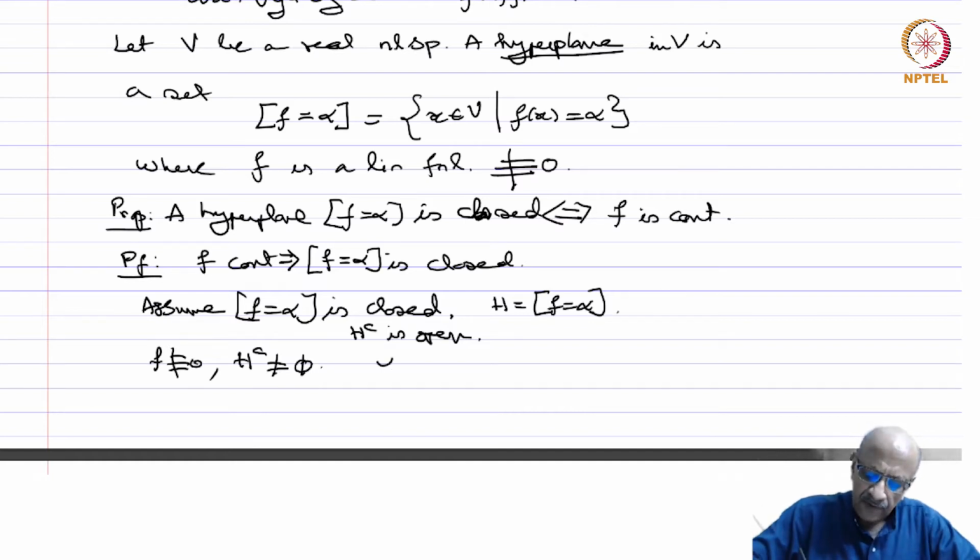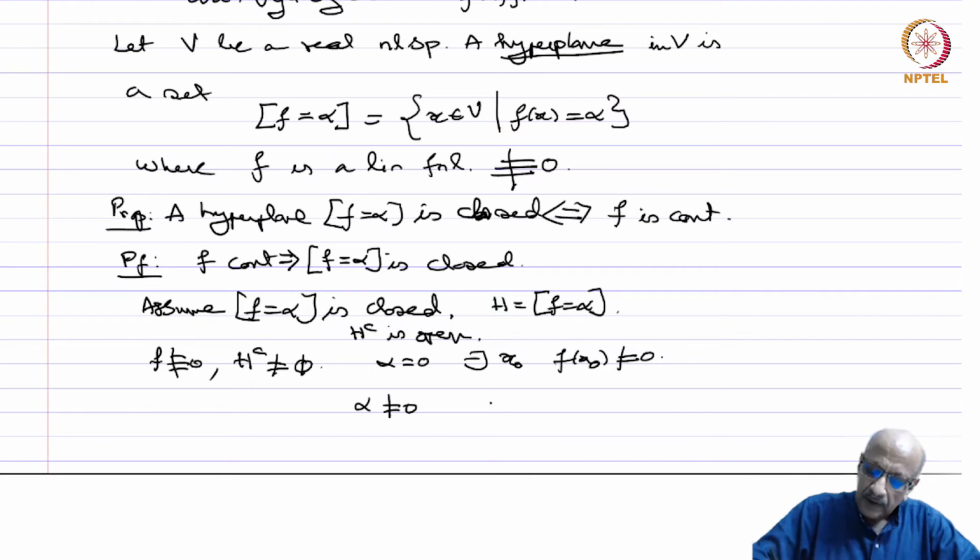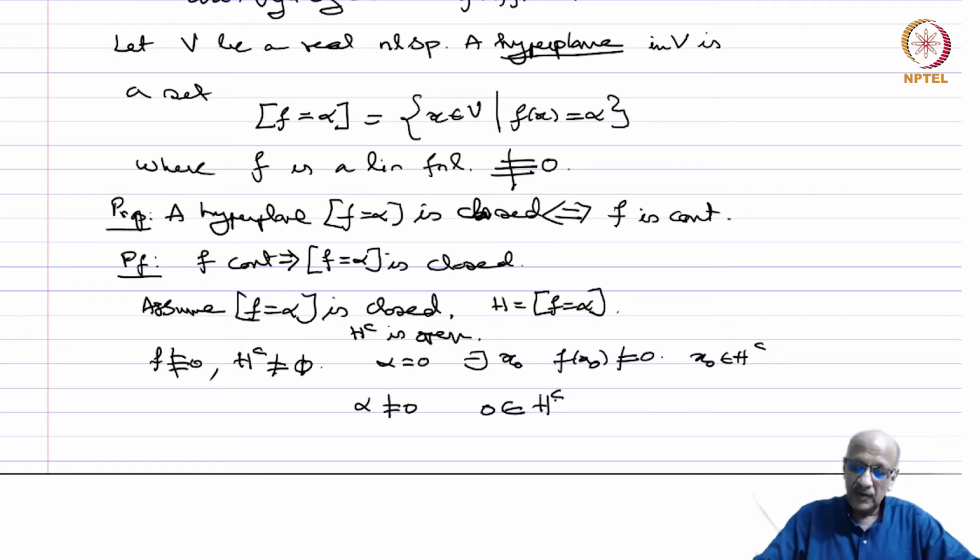Why? If alpha equal to 0, then there exists x naught such that f of x naught is not equal to 0, so x naught belongs to H complement. If alpha is not equal to 0, then 0 belongs to H complement. So in either case, the complement of the hyperplane is a non-empty open set.